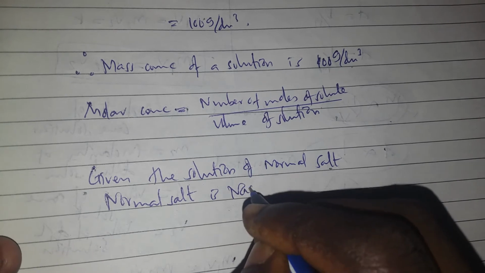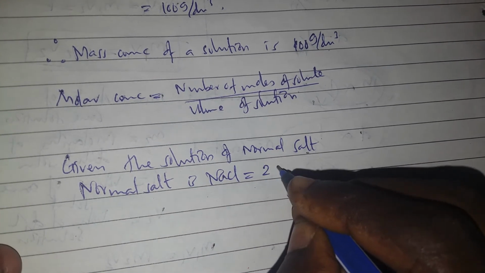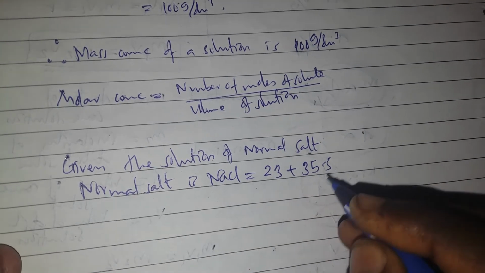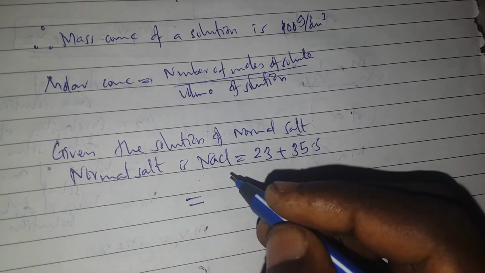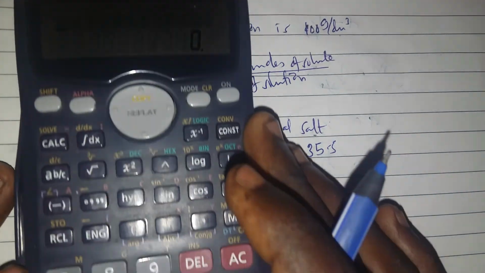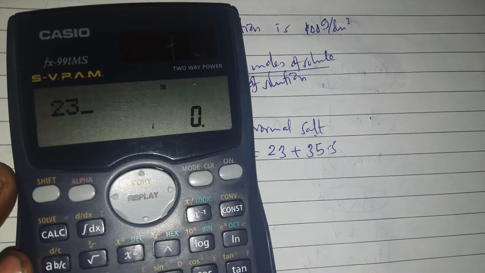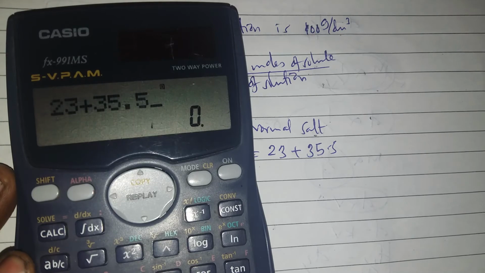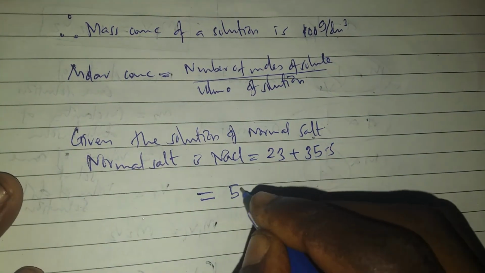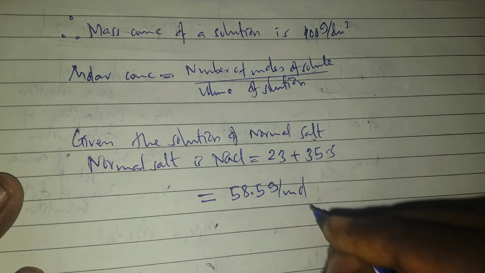is sodium chloride, which has a molecular mass of sodium 23 and chlorine 35.5. So ukiadd hapo utapata 23 plus 35.5, 58.5. So ni 58.5 gram per mole.